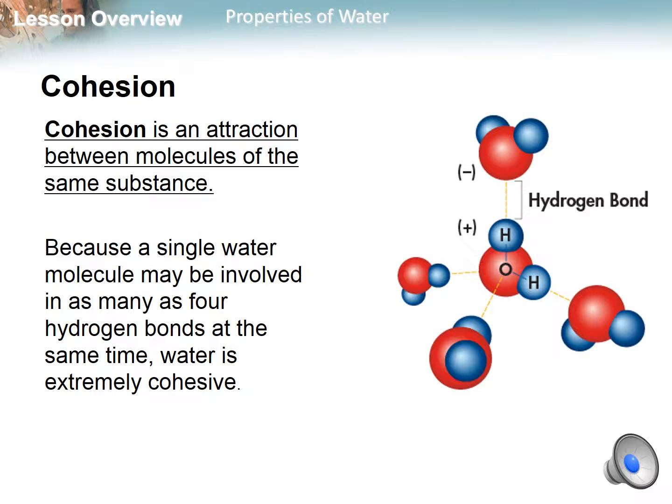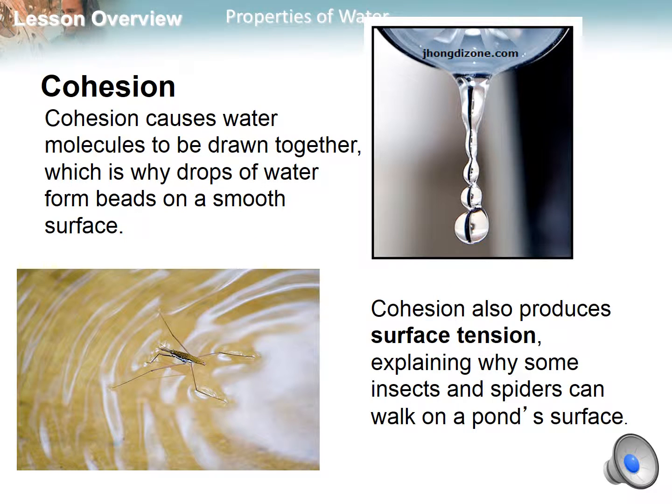And because of cohesion, water molecules can stick together or form drops, or these little beads. Cohesion also produces what is called surface tension. With the molecules sticking together, it takes a lot to break a drop of water. And so some types of insects are able to walk on water.